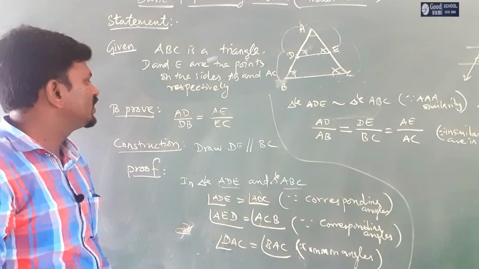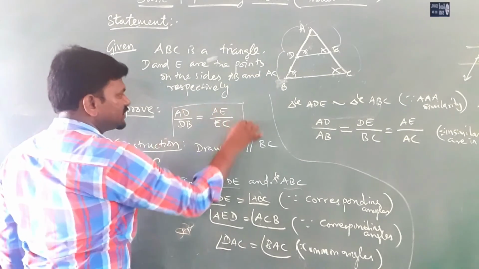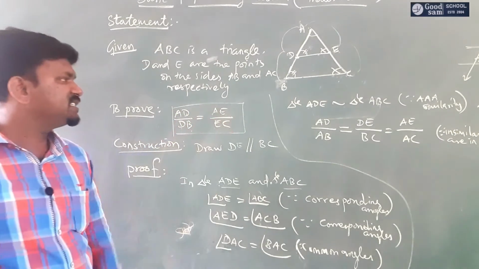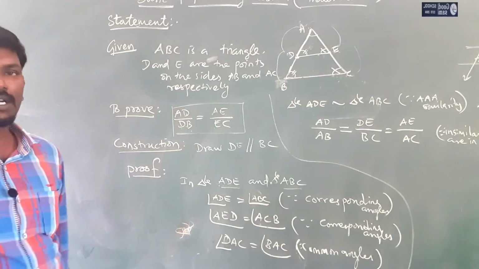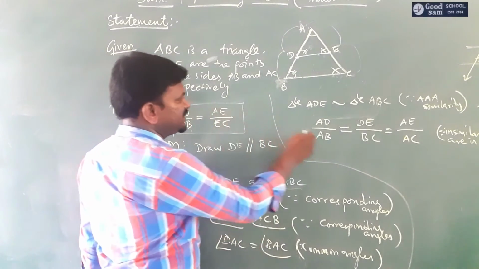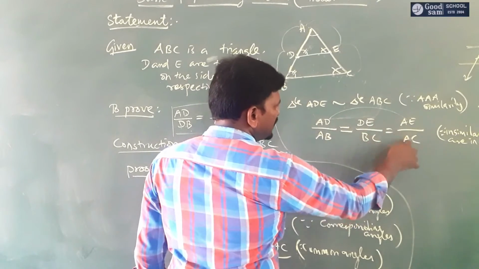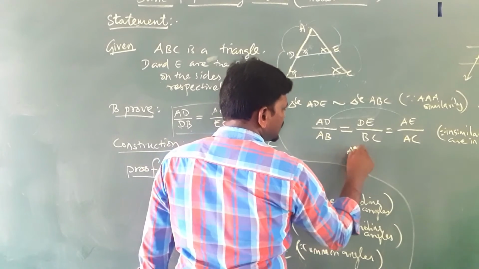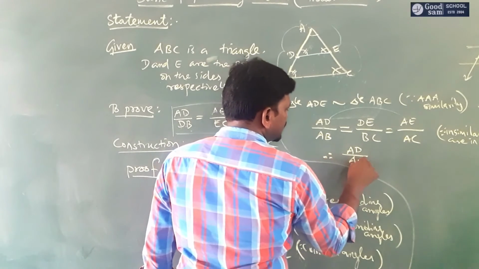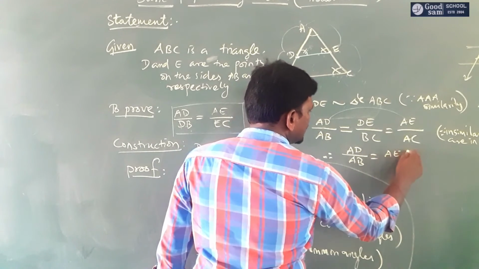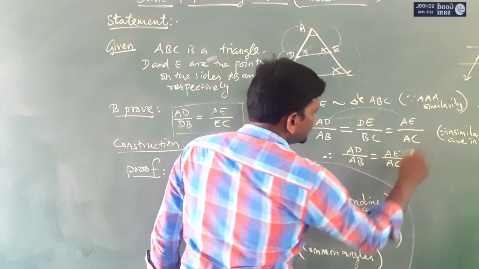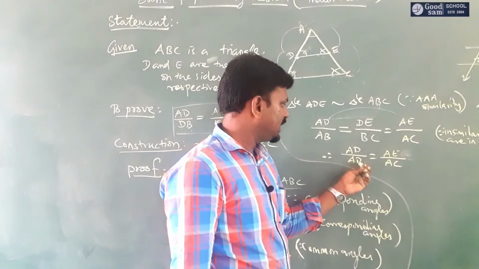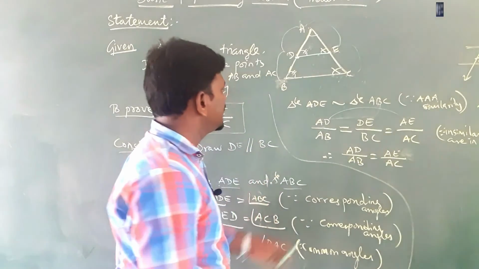Okay, so what do we do? We have to prove that these are equal, AD by DB, AE by EC. So we are going to take these two ratios, AD by AB is equal to AE by AC. Okay, so how can this AB be split?